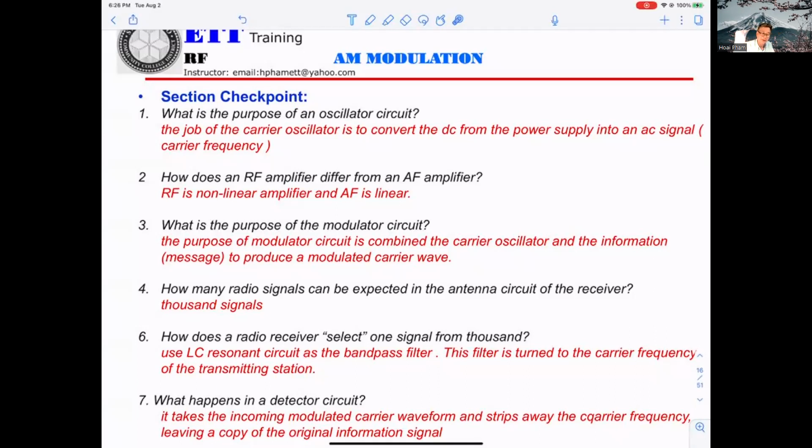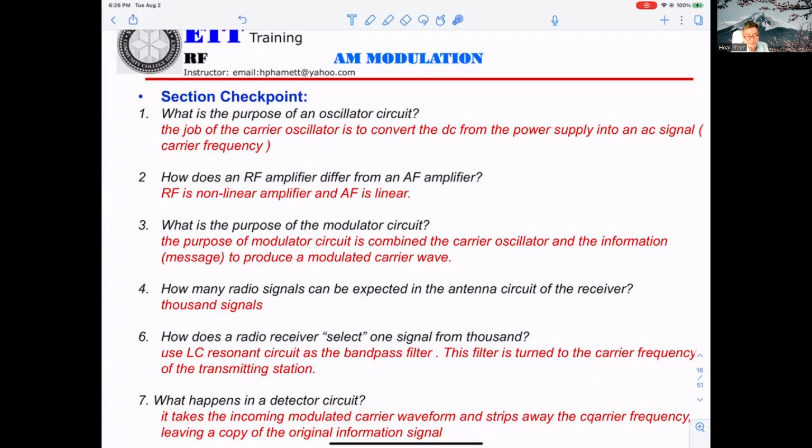And for parallel resonance, you get the maximum impedance and a minimum current. Just the opposite. Exactly. The thing is, when you don't want the signal, you try to get the maximum impedance.